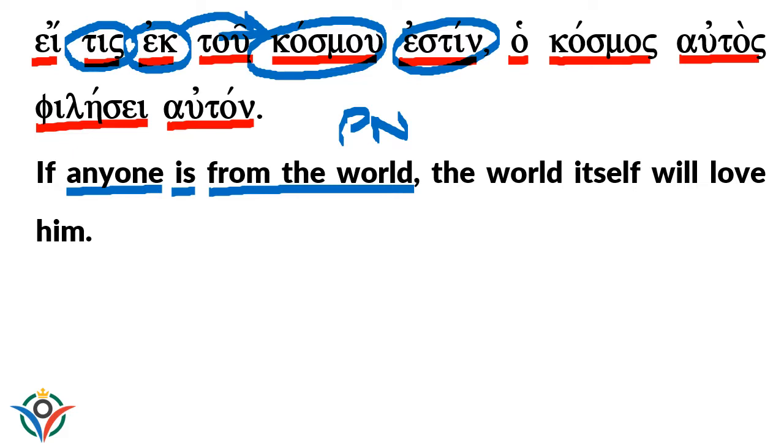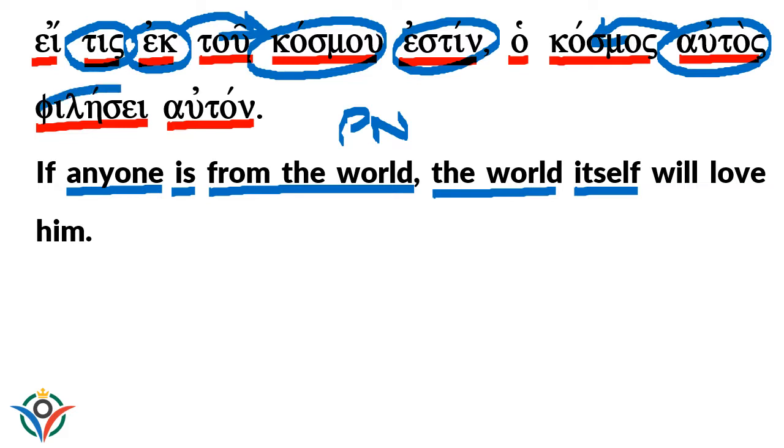And then we have ho kosmos, the world, and then we have autos. So autos is a third person personal pronoun. It's standing in the predicate position. And so here it's functioning as an intensive pronoun. It's intensifying the subject kosmos. So we translate it as itself.